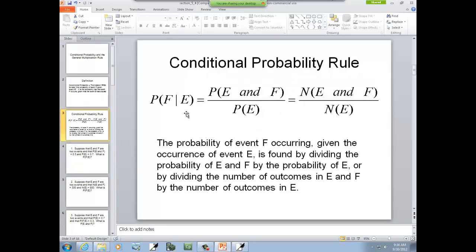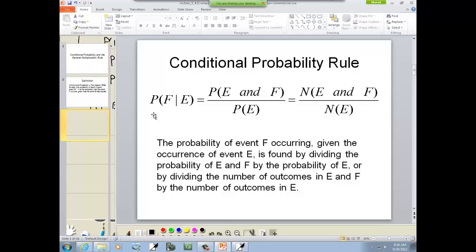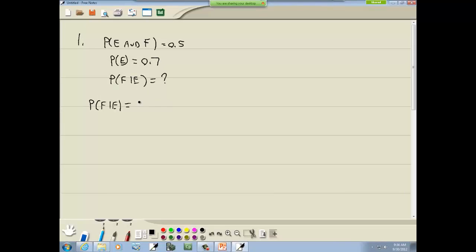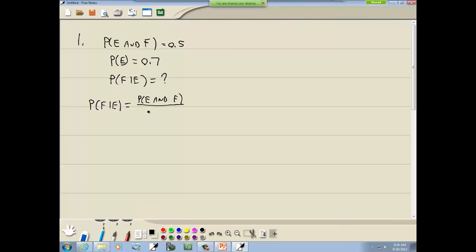Let's go back up to our formula. From our formula, probability of F given E is equal to the probability of E and F over the probability of E. Probability of E and F is 0.5 over the probability of E, which is 0.7.